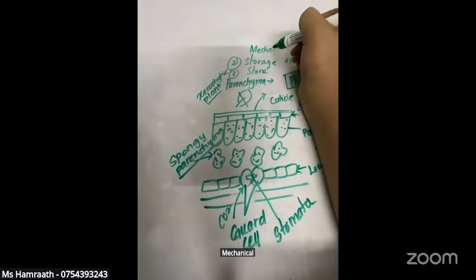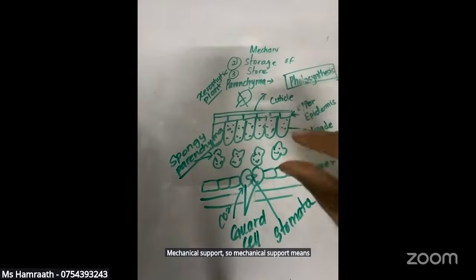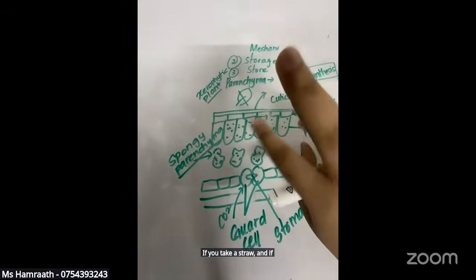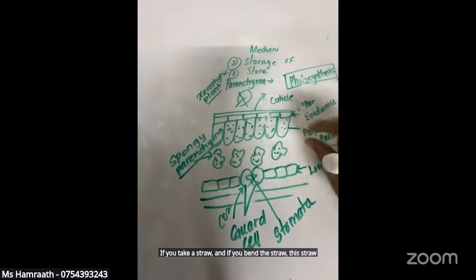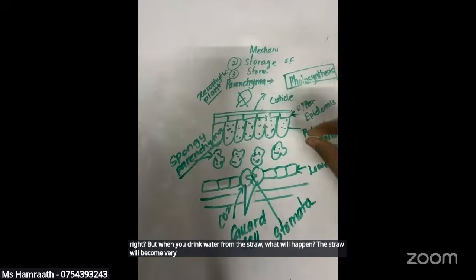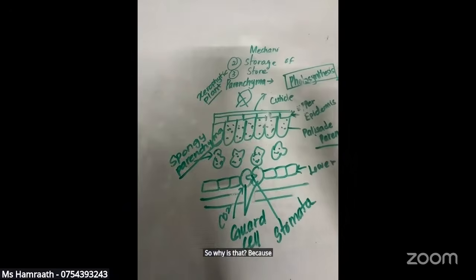Mechanical support means, let's say you take a straw. If you bend the straw, it will bend, right? But when you drink water from the straw, what will happen? The straw will become very straight and rigid, right? It will be very strong and straight. Why is that? Because of the presence of water. Same like that, parenchyma has vacuoles inside them.